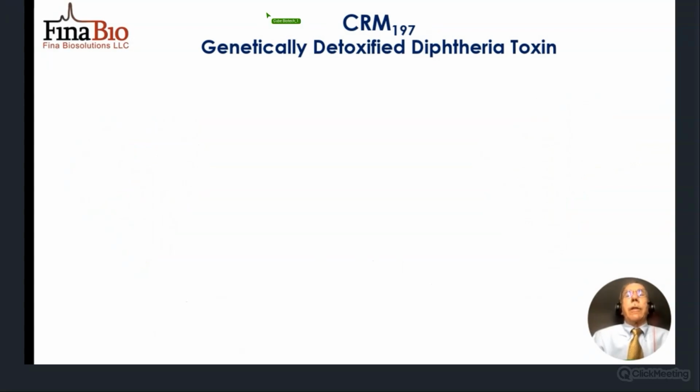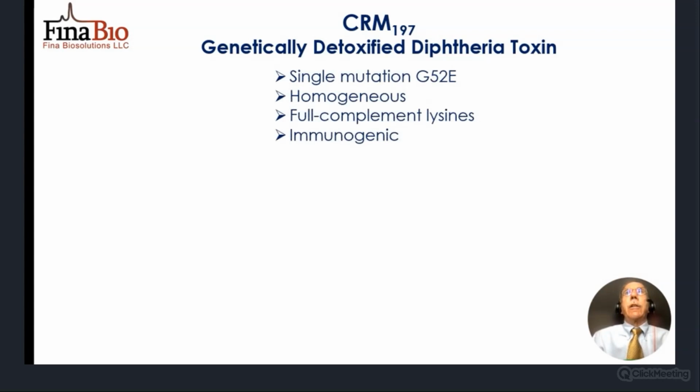Better than the chemically detoxified toxins are the genetically detoxified toxins, such as CRM197, which is a genetically detoxified diphtheria toxin. It's detoxified via a single mutation. As a recombinant protein, it's homogeneous. It has its full complement of lysines used for conjugation, and it's a proven carrier protein.